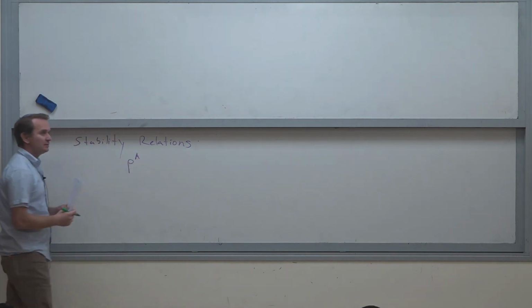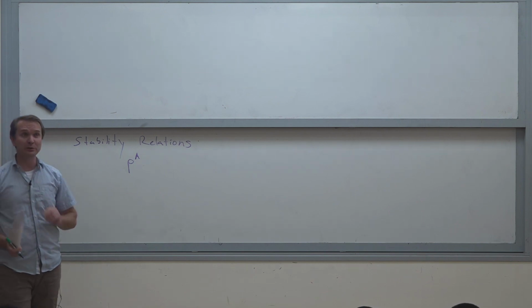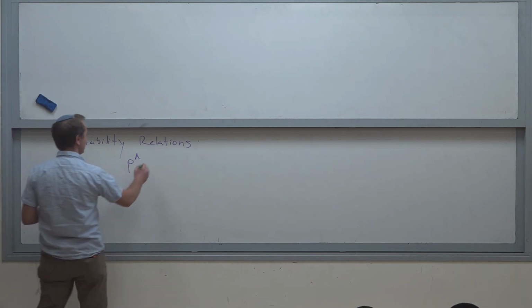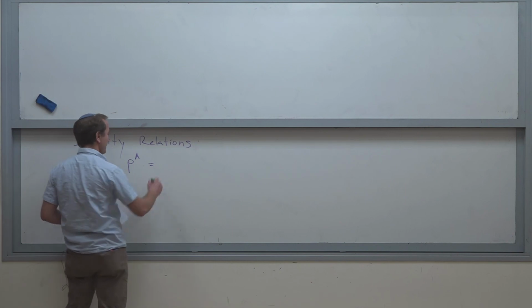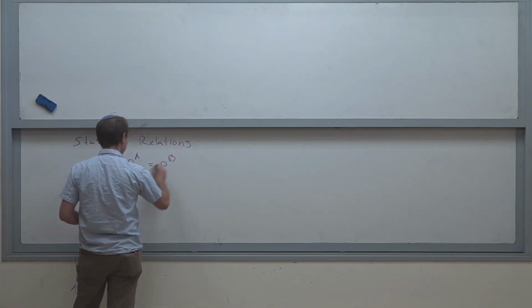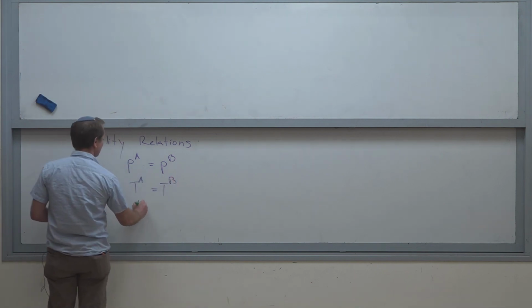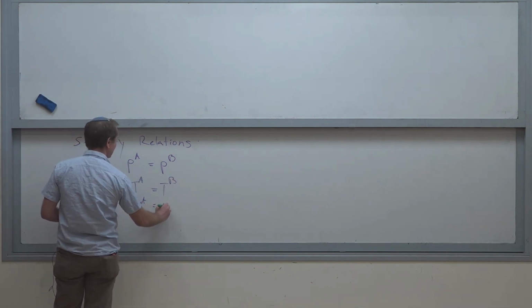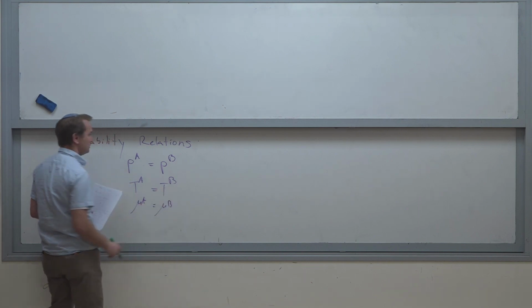If we have two systems and they are in equilibrium with each other, then the pressure of system A equals the pressure of system B, the temperature of system A equals the temperature of system B, and the chemical potential of system A equals the chemical potential of system B.